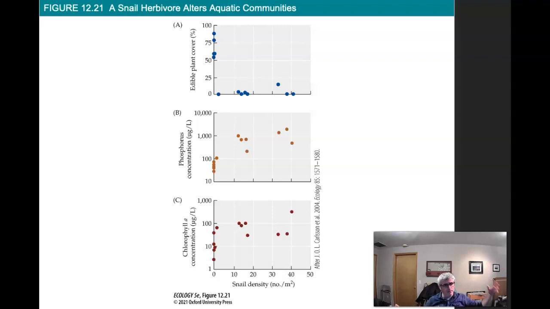You remove those plants, now that light goes into the pond, which now has increased nitrogen and phosphorus, and you get an algal bloom. An algal bloom will decrease water clarity, increase turbidity, and because it's a big phytoplankton bloom, those phytoplankton will die and then create anoxic, or hypoxic rather, low oxygen environments.